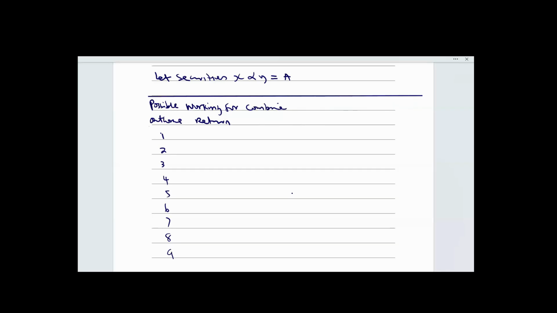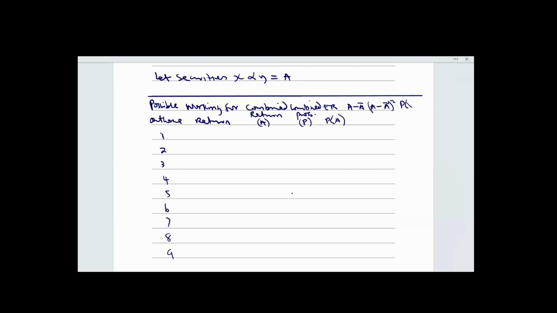Combined return, denoted as A, then combined probability denoted as P, then expected return, which is P multiplied by A. Then we have A minus A bar, A minus A bar square.